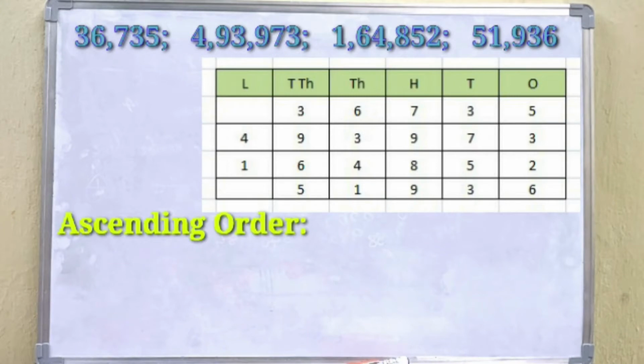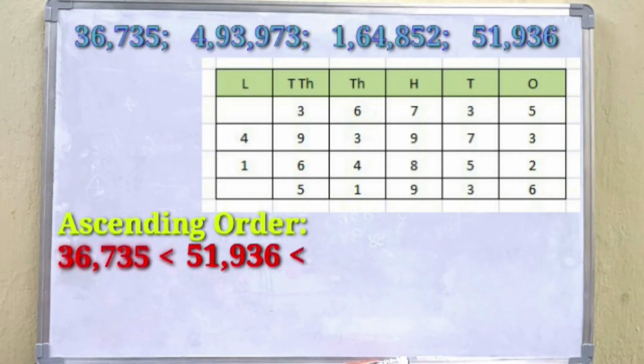So let us form the ascending order. Ascending order means what? Small number to bigger number. So the first number is 36,735, less than. Next, automatically, the fourth number with 5 digits, 51,936. We are left with two numbers. In the highest place, lakhs place, which digit is higher, second number or third number?